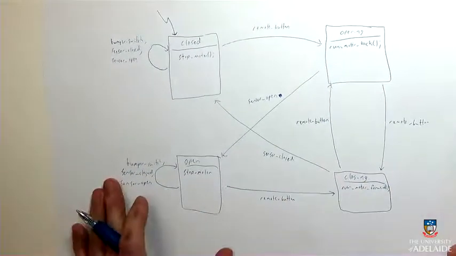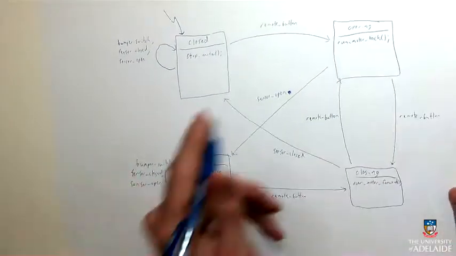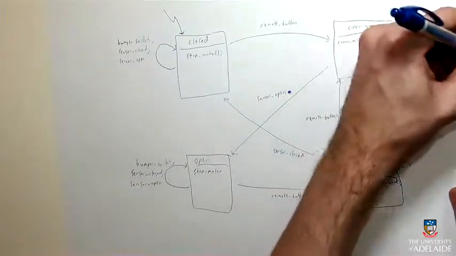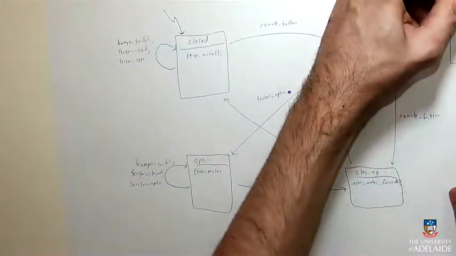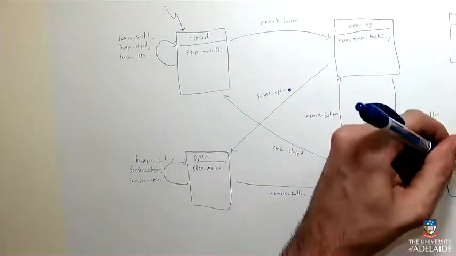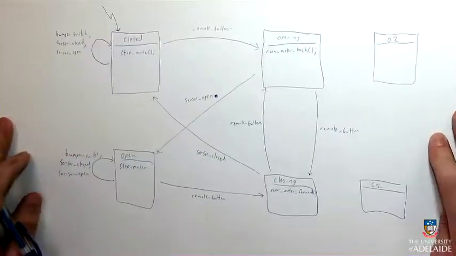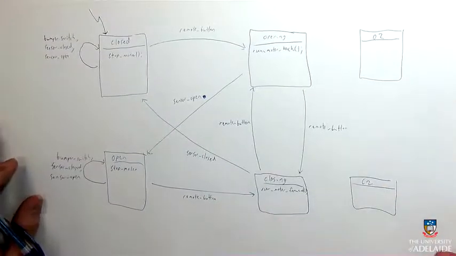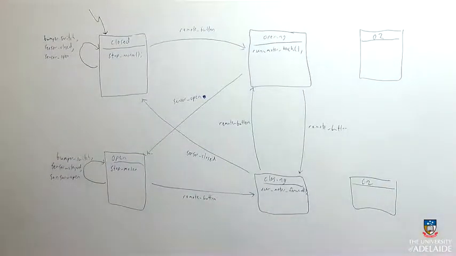Okay, then what we would need to do is have a duplicate set of these states here. Just going to call this O2, and it's going off the screen. C2, thank you.